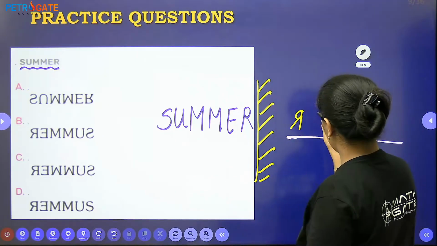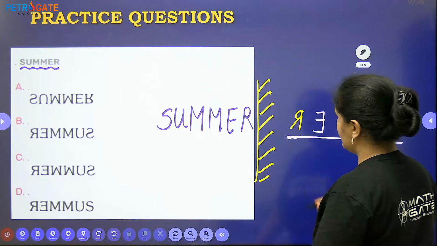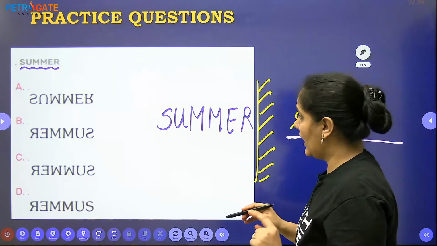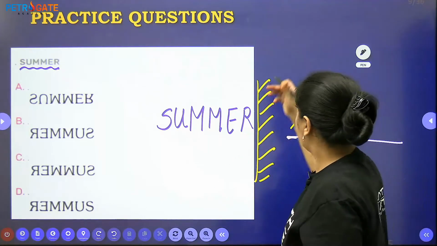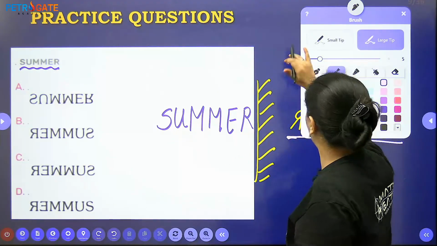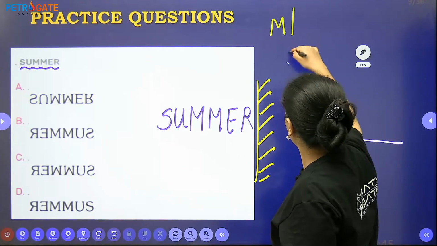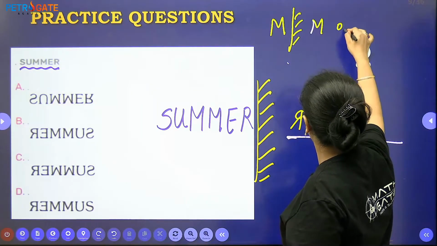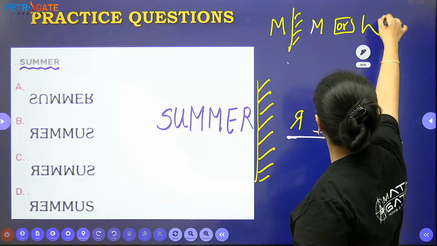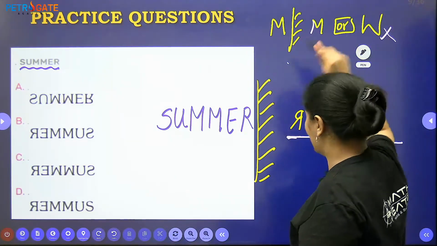The E will become reversed like this. When we go with the M, you can understand that the M will become M only. Let me show you. If I write M here and put a mirror, my M will become M only. It will not become W, my dear students.